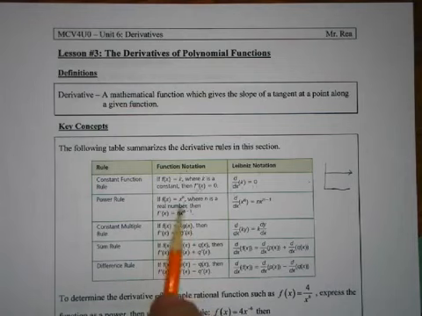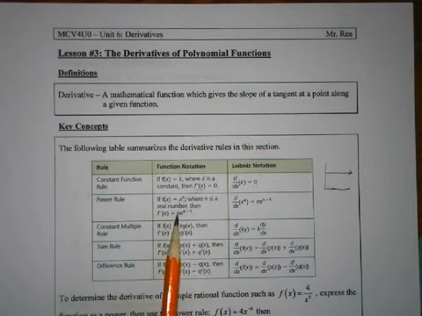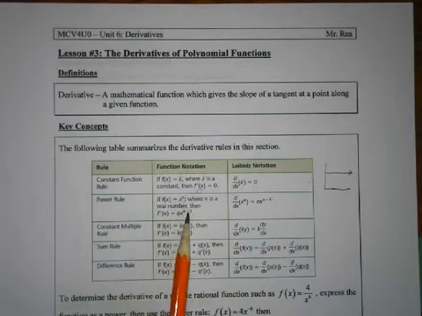Okay, and this is the key thing for today. So if you're taking the derivative of x to the n, what you do is you take the exponent n and you bring that out and multiply it as a constant in front of the function, like a coefficient. So that comes out front as a multiplier, and then you reduce the exponent by 1. Okay. Once you see some examples, it'll make much more sense. But basically, this is a key thing for today.